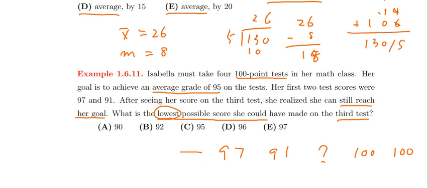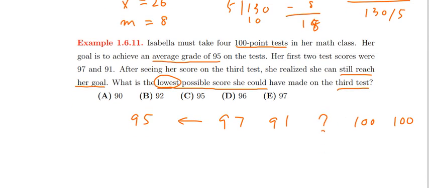Then the average is 95. So we can find this. So this is the lowest score.